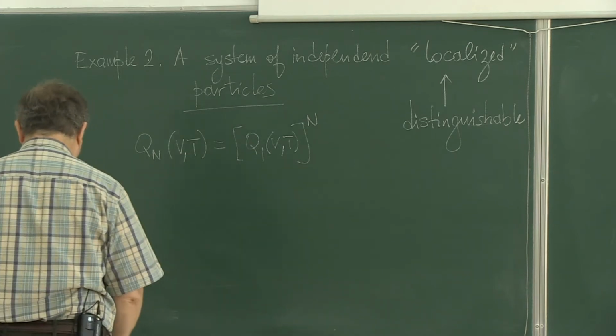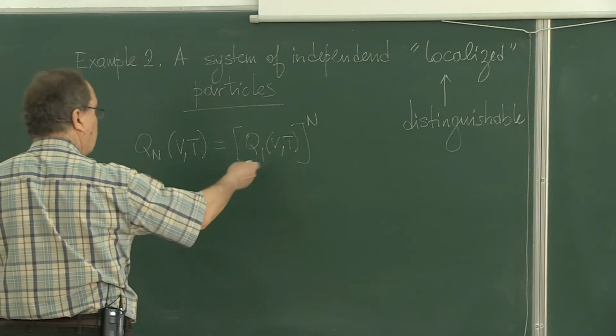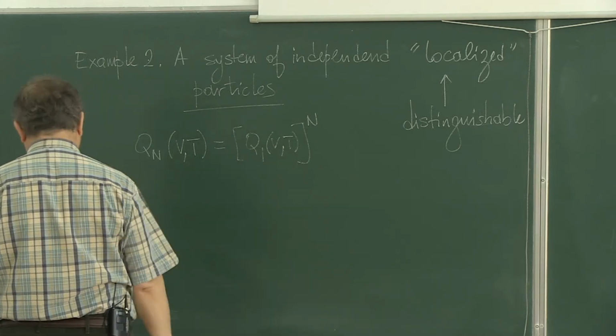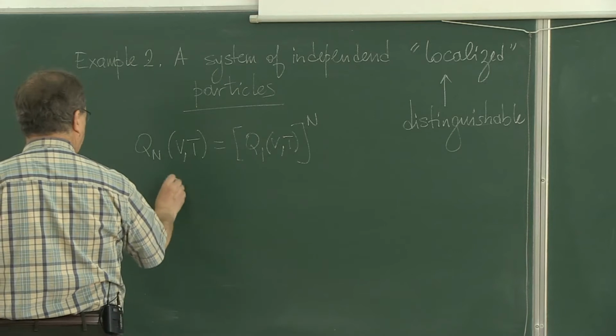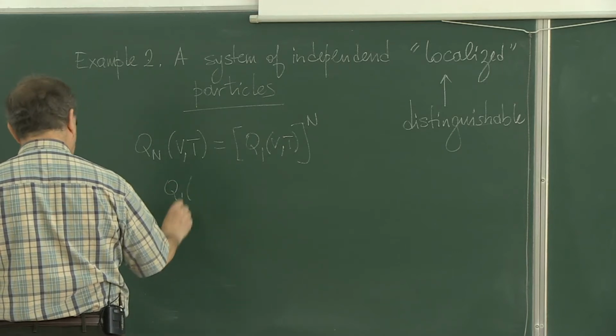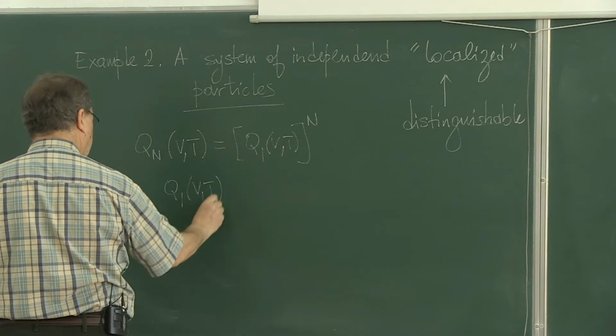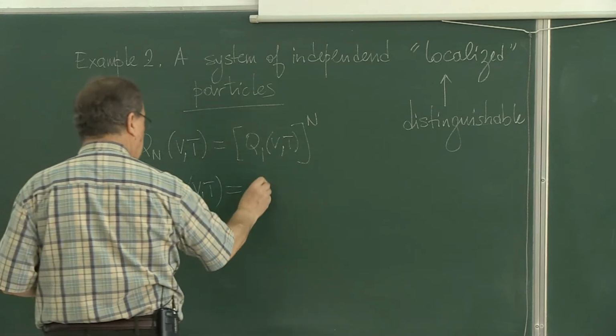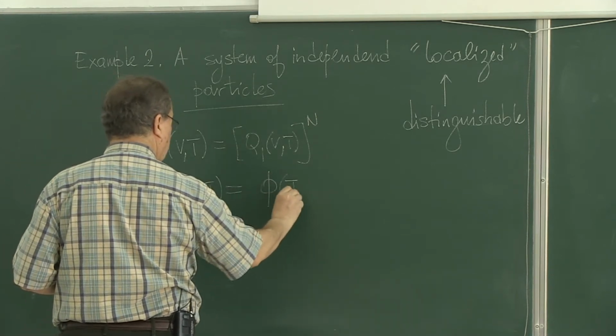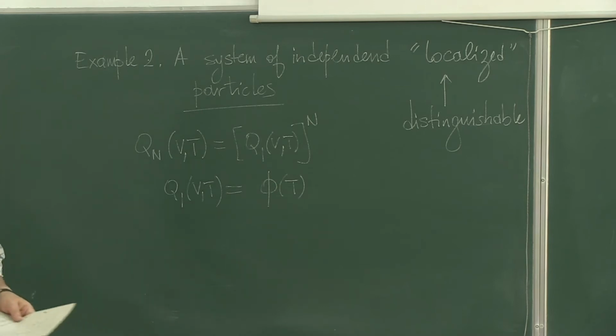So if I do this, then I can write everything in terms of the single particle partition function. Instead of writing Q1(V,T), let's be lazy again and write this as a function phi of T. Okay?